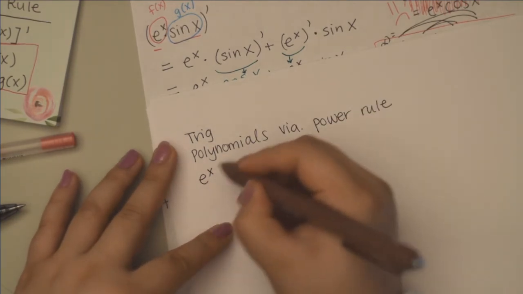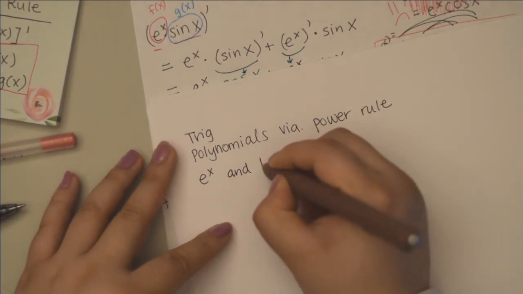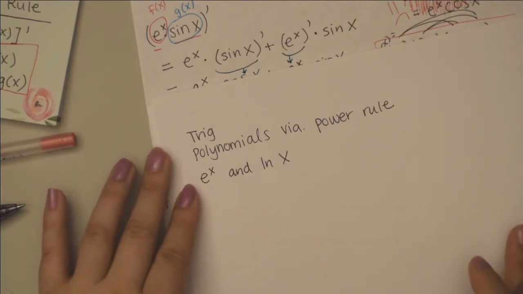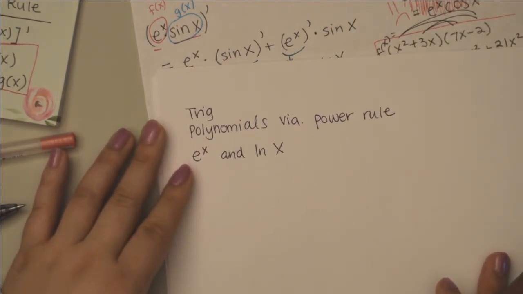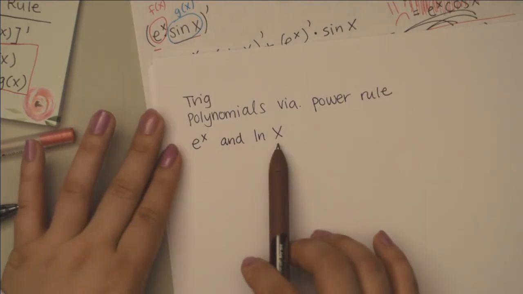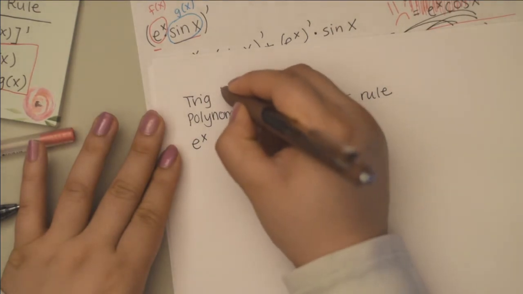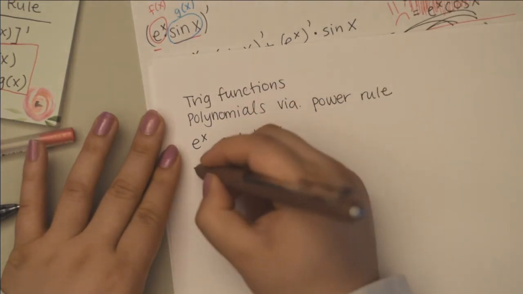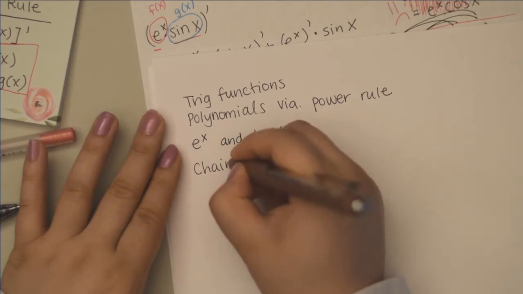I would say e to the x and ln x, which I will make a video on its own, probably, maybe even just a really sleepy video, but these two are pretty straightforward to just memorize. And the chain rule.